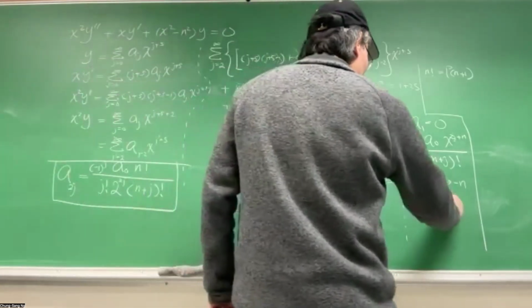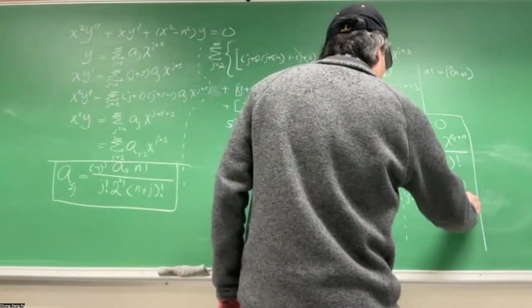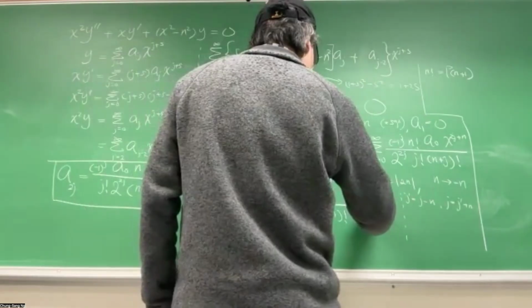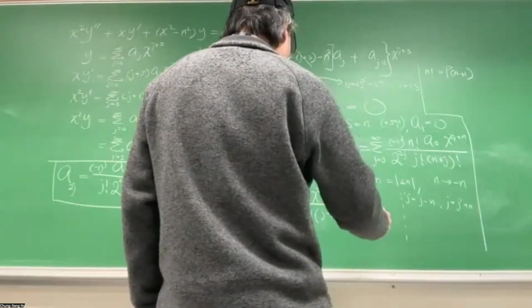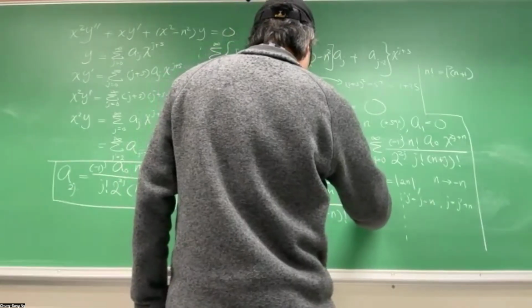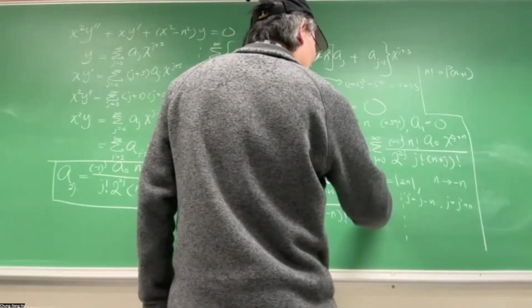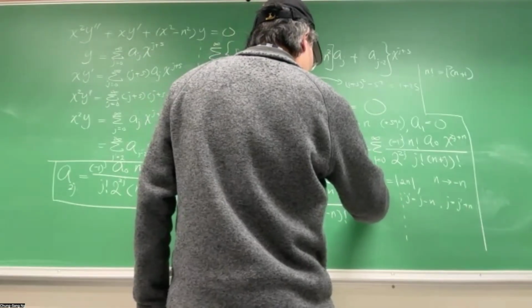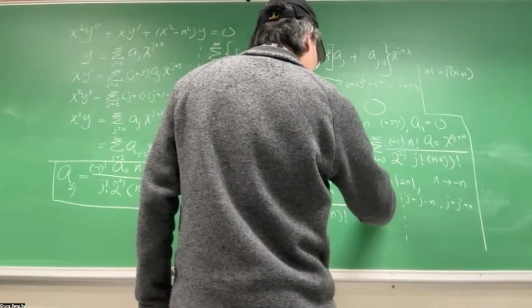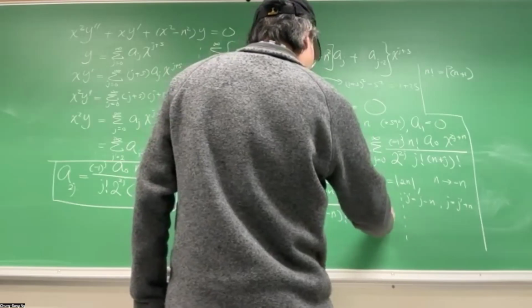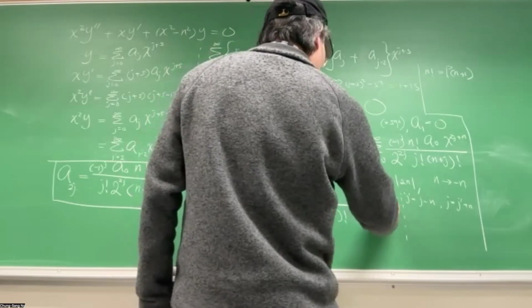It means j is j prime plus n. So that is fine. So it's minus 1 to the j prime plus n, and then you have n factorial.